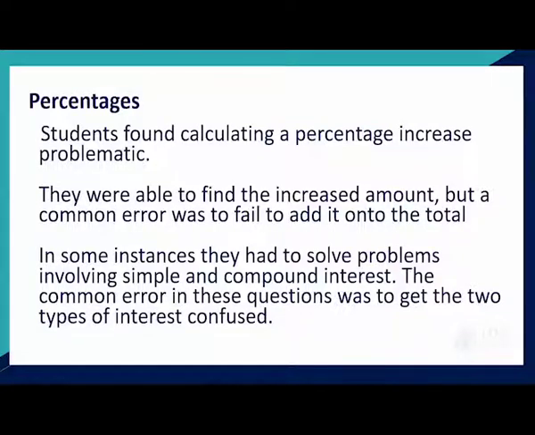So once they work out that increase, they don't add it to the total so they can get that percentage increase. In some cases, they had to solve problems involving simple and compound interest. But then you are asked for a simple interest and they are using the formula of a compound interest, and vice versa. So they get the two types of interest confused.